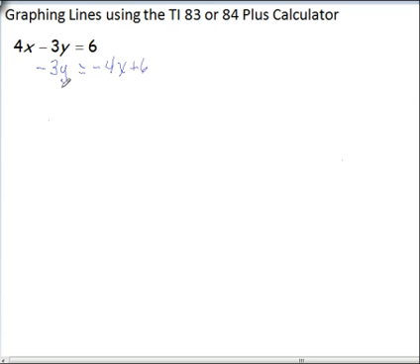And then we'll divide by negative 3, and we'll get y equals 4/3 x minus 2. And the reason we do this is because we have to use the key known as the y equals key.